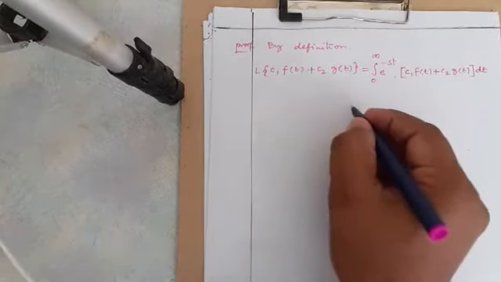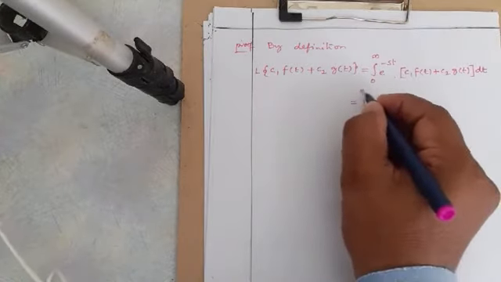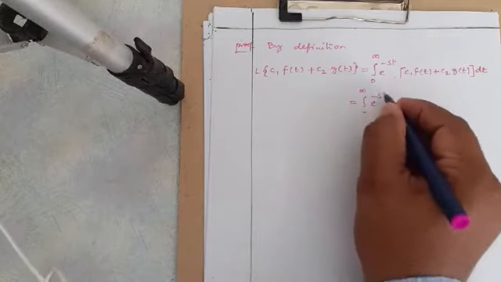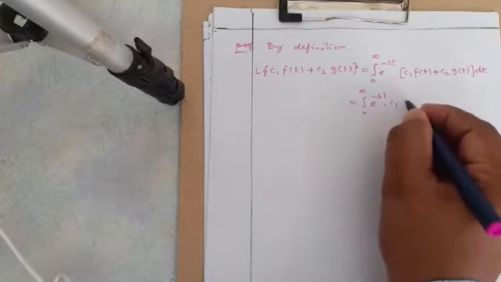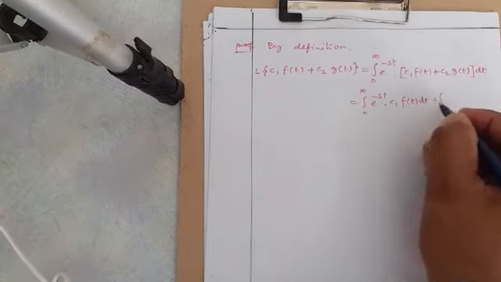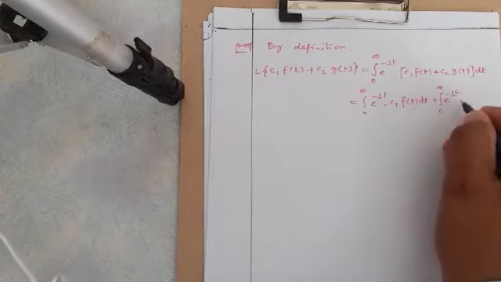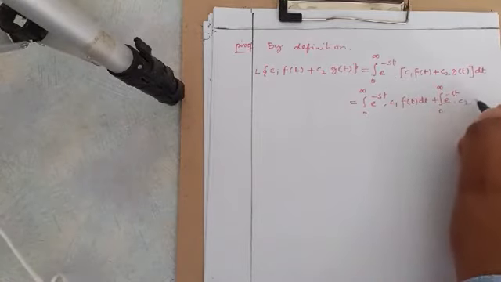Then in the next step this is equal to integral 0 to infinity e power minus st into c1 f of t dt plus integral 0 to infinity e power minus st c2 g of t dt.